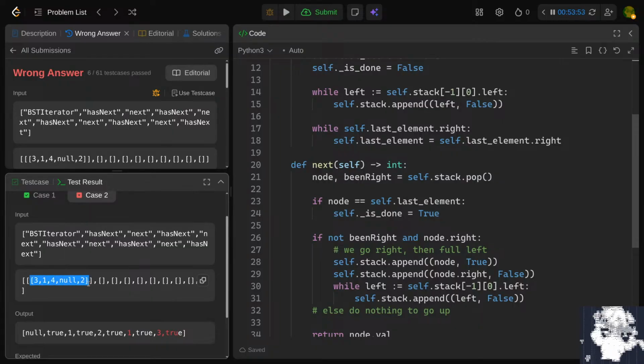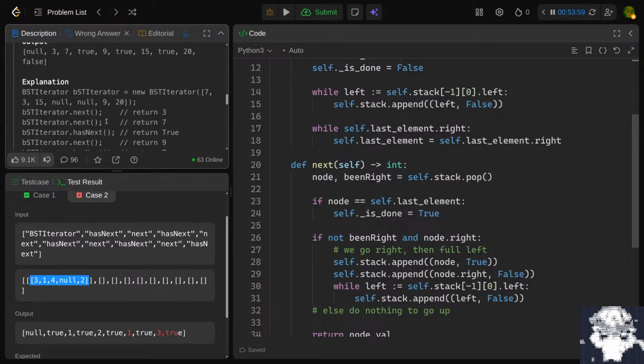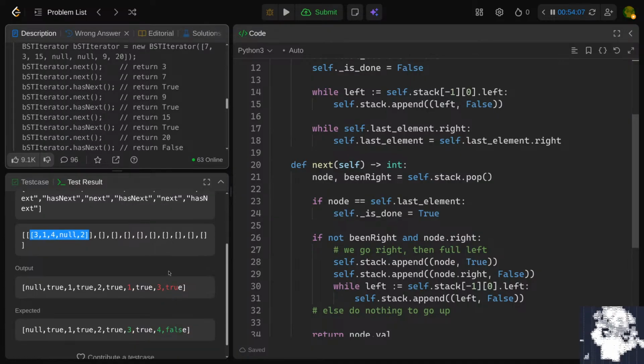This is some tree traversal, right? How does it... I went back to 1 somehow.